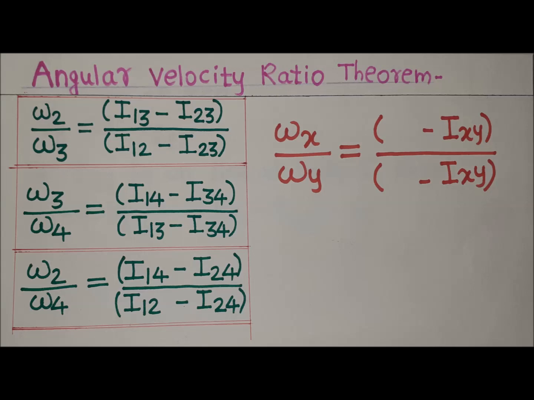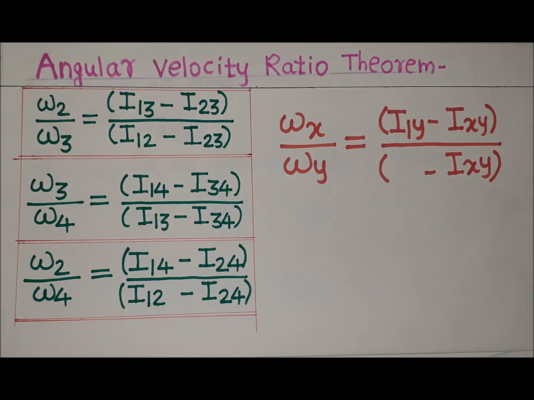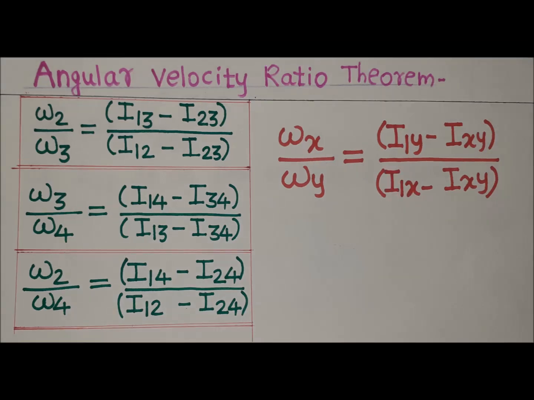Hence, we can write a generalized relation as omega x upon omega y is equal to, by analogy with obtained relations, at numerator and denominator we will have second term as Ixy. Again by analogy, at numerator the first term or ICR will be I1y, and at denominator the first term or ICR will be I1x.